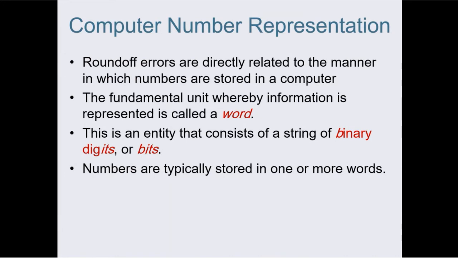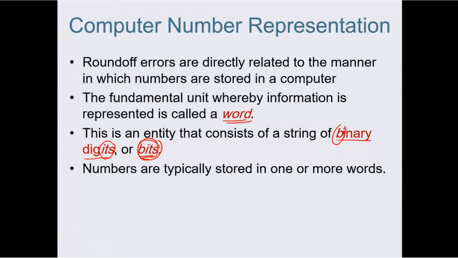The fundamental unit where information is stored in a computer is called a word. And a word is made up of bits. Bits is a short form of binary digits. So they took the B from here and the ITS from here, and they made it bits.